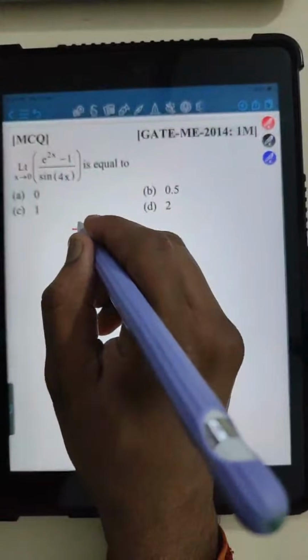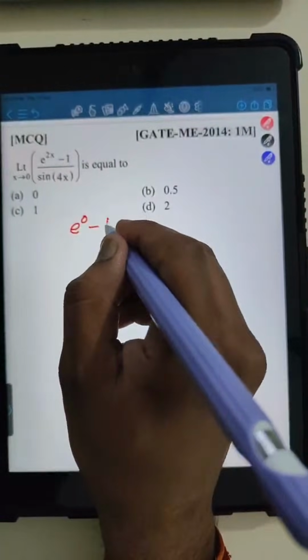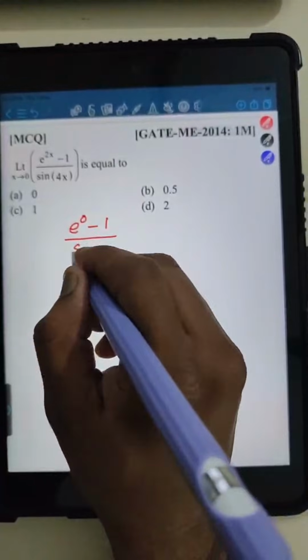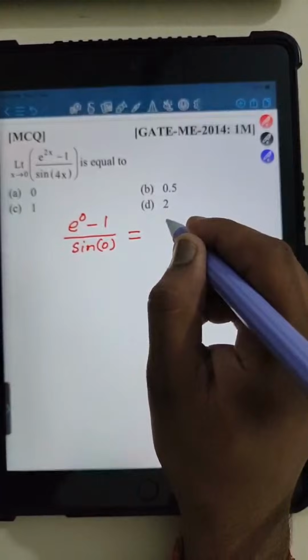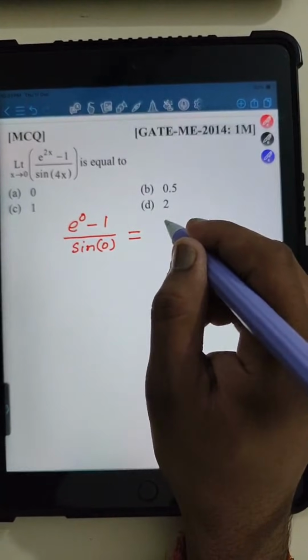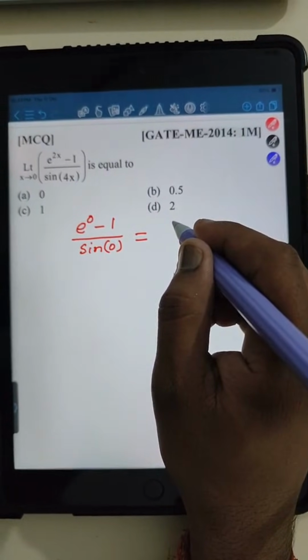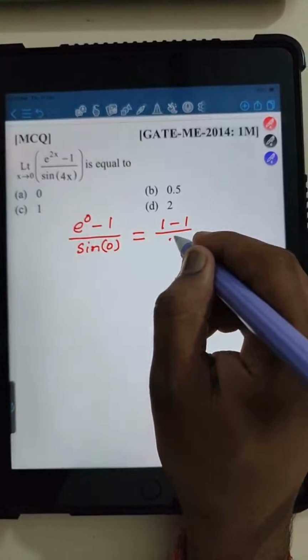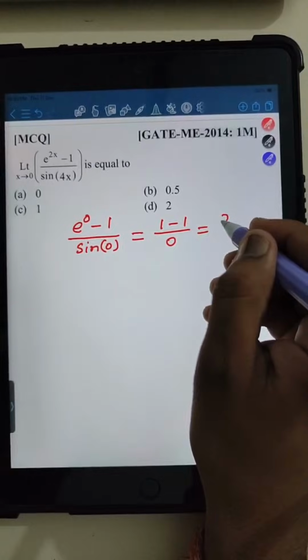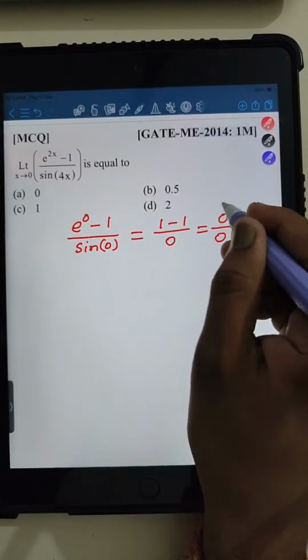So in this particular problem, if you put x equal to 0, to confirm whether it can be done through L'Hospital rule or not. So e raised to the power 0 is 1 and sin 0 is 0. So you will see that you get an indeterminate form.